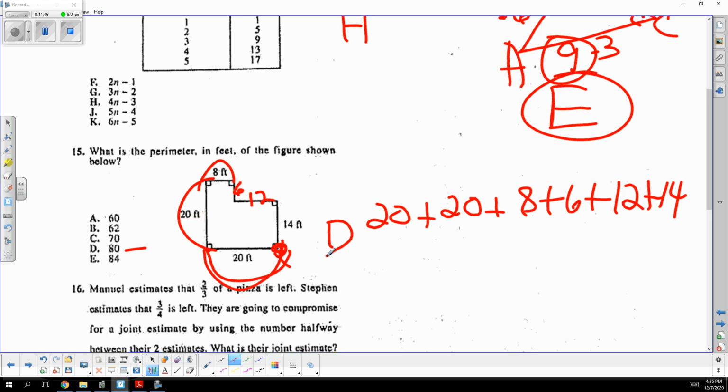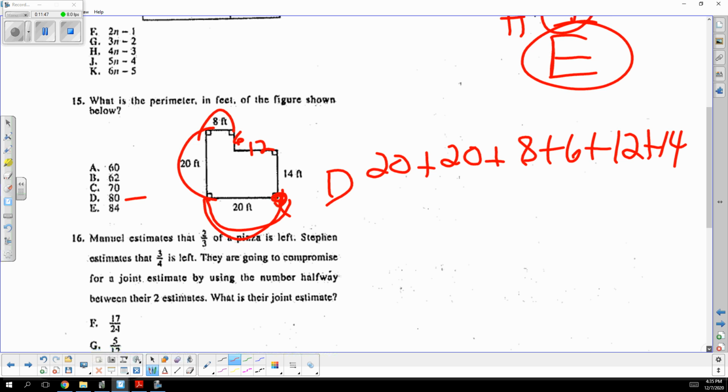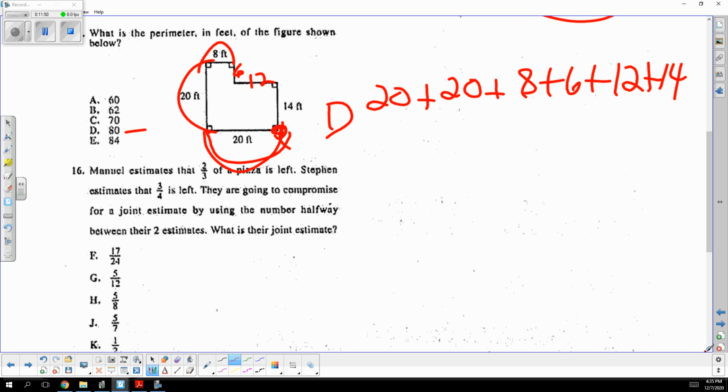All right. Manuel estimates that they disagree how much is left, so they're going to compromise by using something halfway. Halfway is the average.